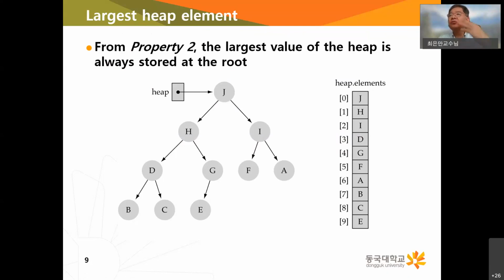That follows from property 2: we said that a node's key value must be greater than or equal to all its children, so in the end the root is the largest. So the root value is always the largest value of the heap, right?